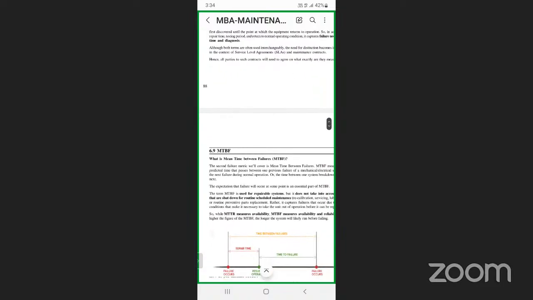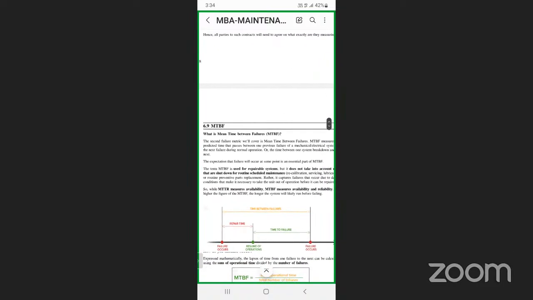You can see here, the red spot on the left means a failure occurs. There was a repair time, we got it repaired, then we resumed operations, the green one. Then we were operating, and then again the machine failed. So the time between the first failure and the second failure is the mean time between failures.